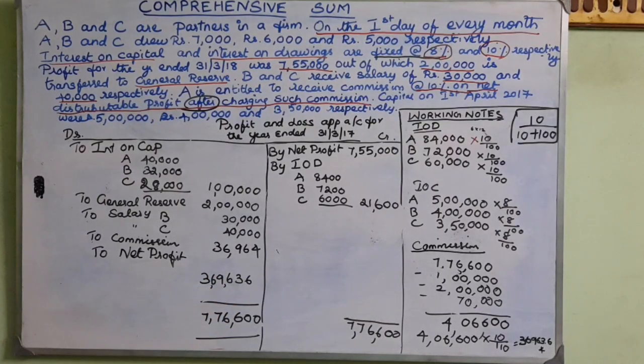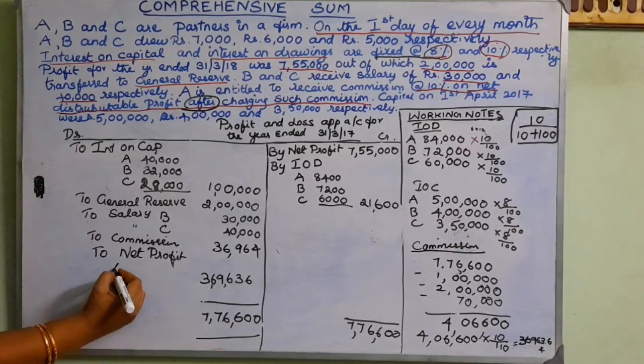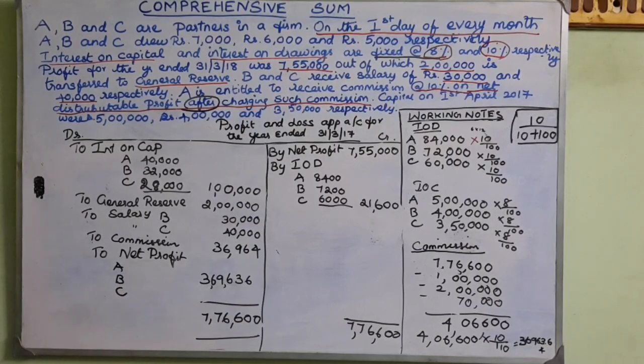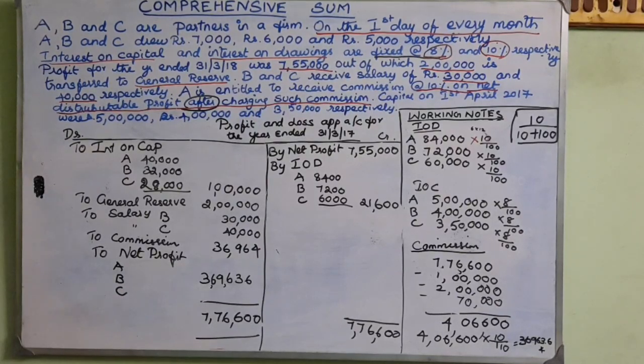You have to divide this among the three partners. Have they given any profit sharing ratio in the sum, children? No, the profit sharing ratio is not given in the sum. If it is not given, then it has to be taken as equal.